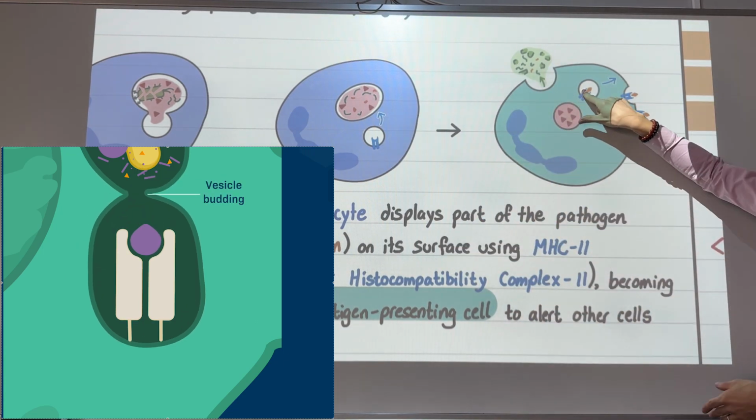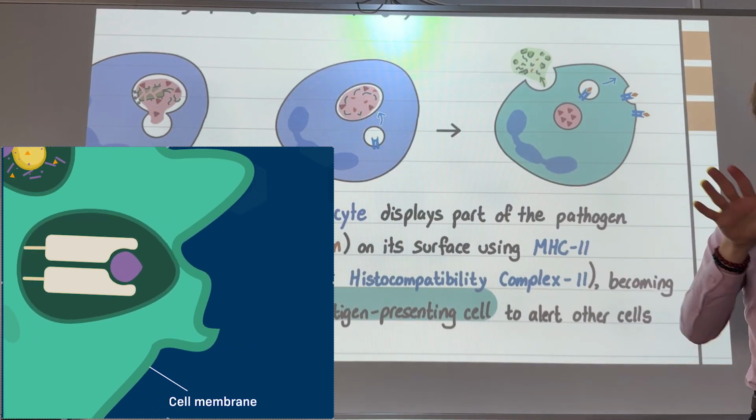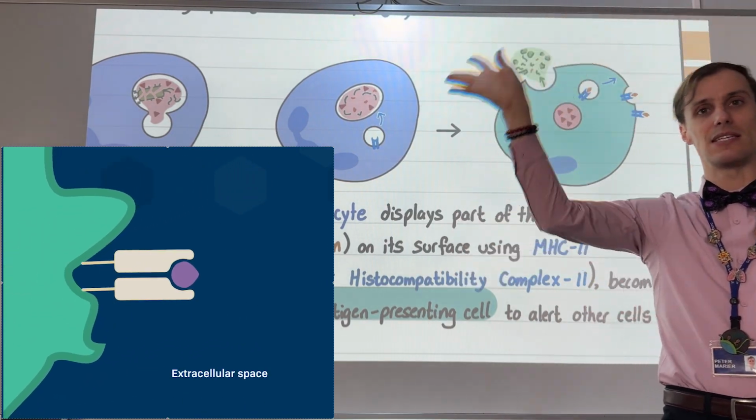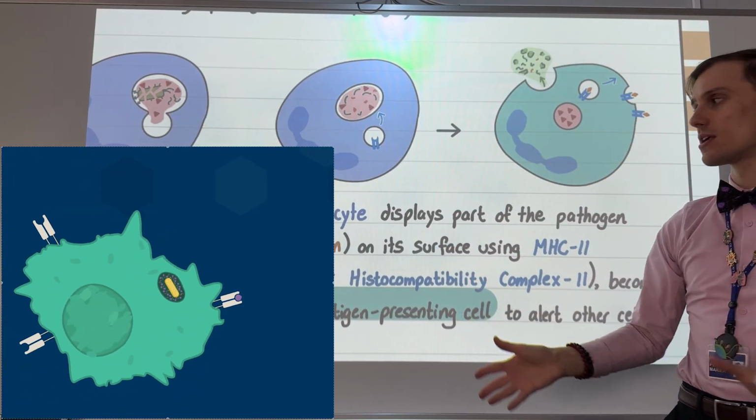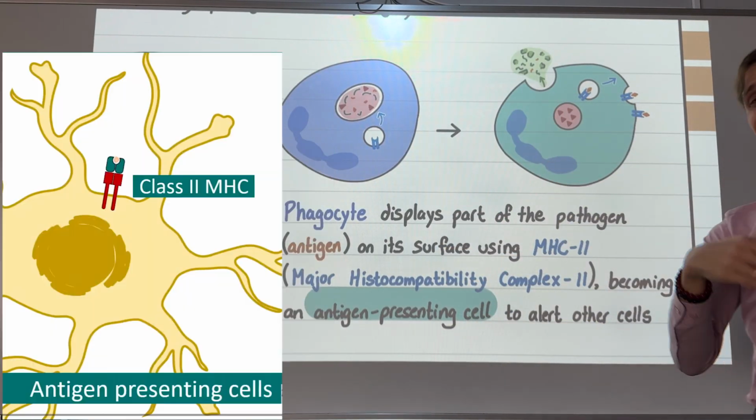And this now bound MHC2 with an antigen is going to fuse with the membrane surface, and it's going to present these antigens on the surface. In this way, we can now call this cell an antigen presenting cell.